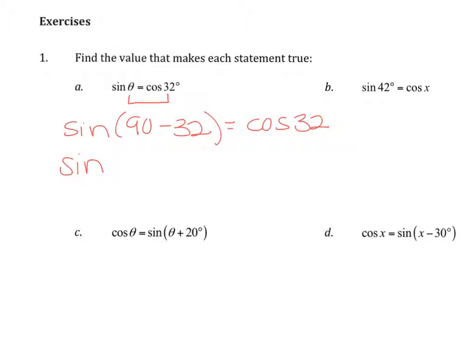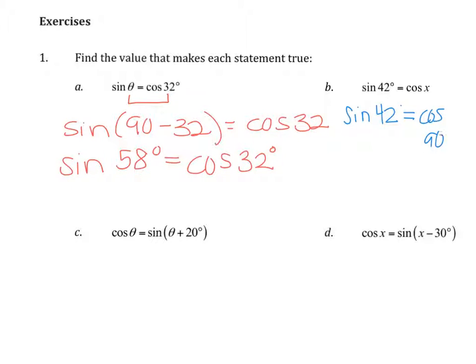So sine of 58 degrees is equal to the cosine of 32 degrees. Okay, so for B, sine of 42 degrees is equal to cosine of 90 minus 42. So sine of 42 degrees is equal to the cosine of 48 degrees.